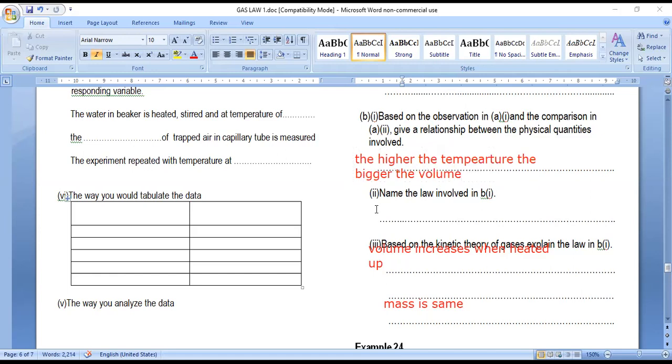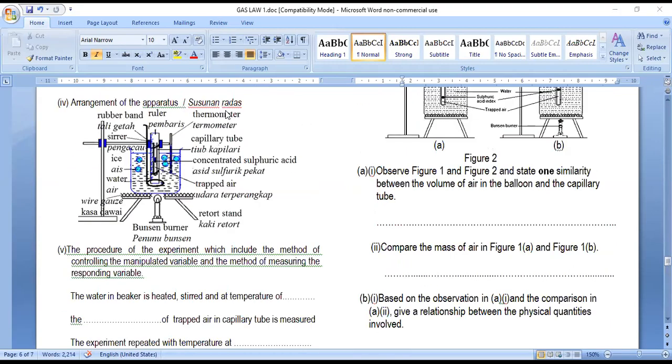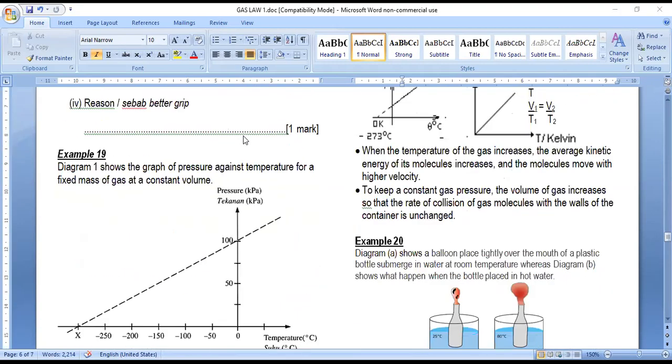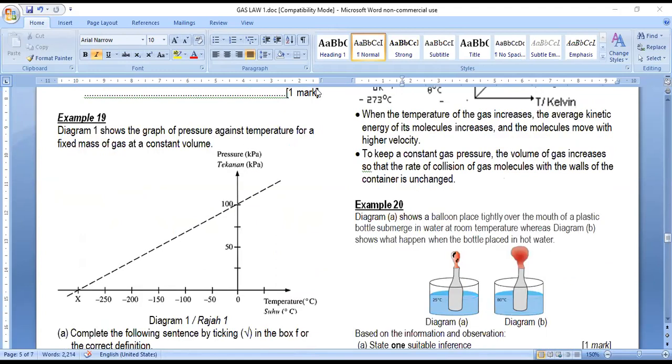So this one we call Charles' law. Then they ask you, based on kinetic theory, explain. So it means what happens when your volume changes, so you must use this.